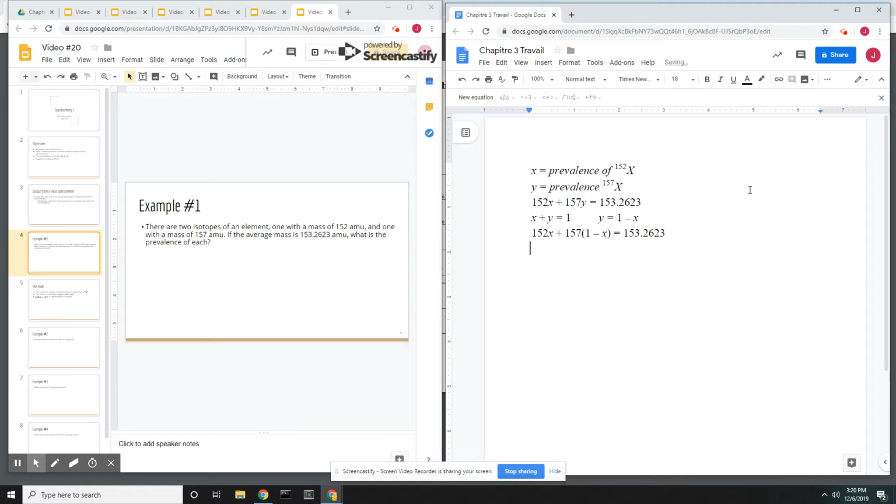This is set up just like how we set it up in class before. These sorts of problems are not going to be sig fig problems, just so you are aware.